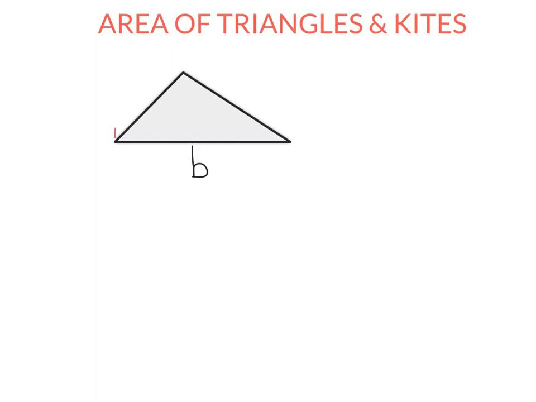It turns out if I draw a rectangle that encloses this triangle, just so that the top of the triangle hits the side of the rectangle, the area inside the triangle is exactly half of the area of this whole rectangle.